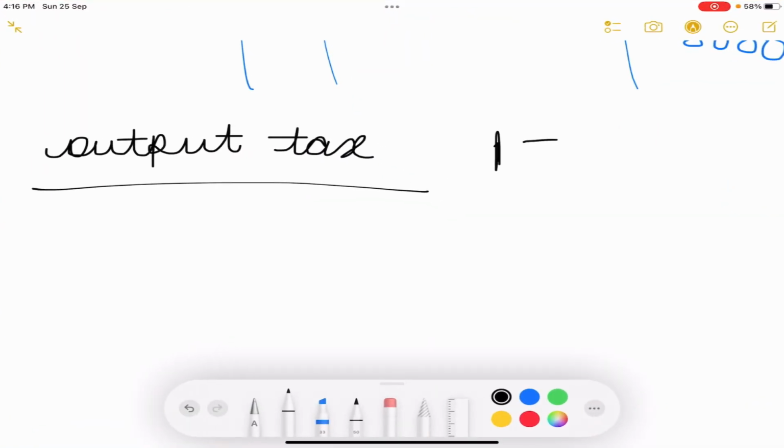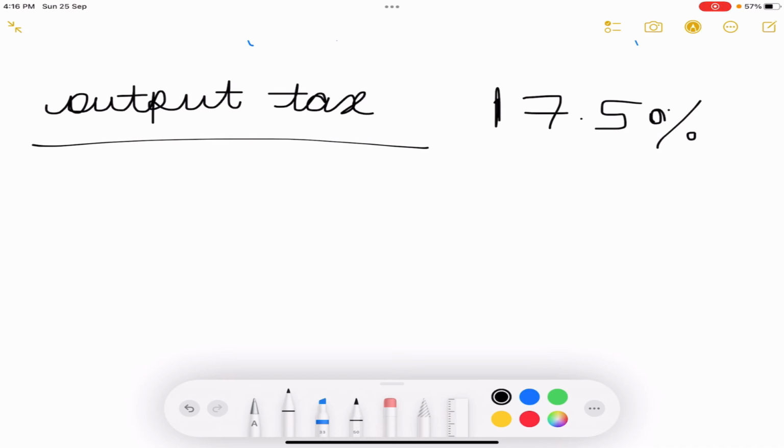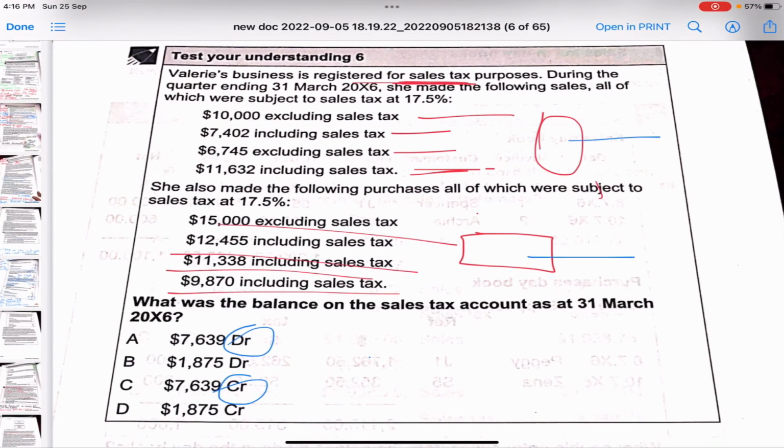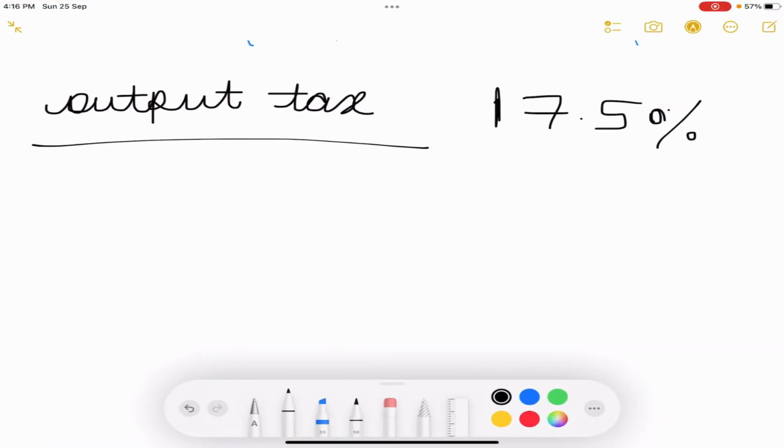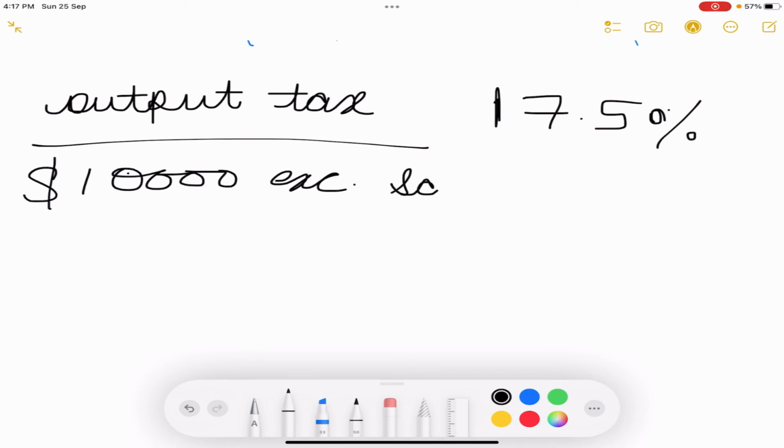We have 10,000 excluding sales tax. Let's first do that. Now you know the formula for calculating the tax and everything.